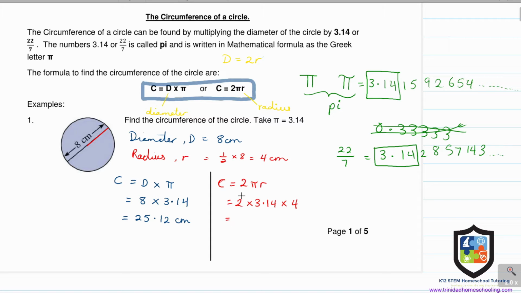Okay, if I look here, this 2 multiplied by this 4 is going to give me 8 multiplied by 3.14, which we worked out here to be 25.12 centimeters. Alright, so you could use any one of these formulas. If the question gives you the radius r, then you could use this one. If they give you the diameter instead, you could use this one.